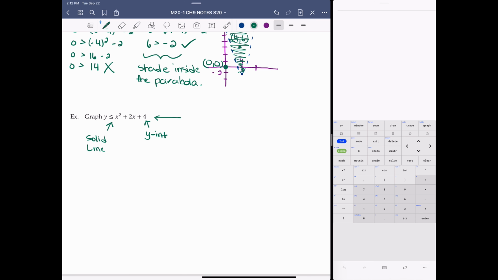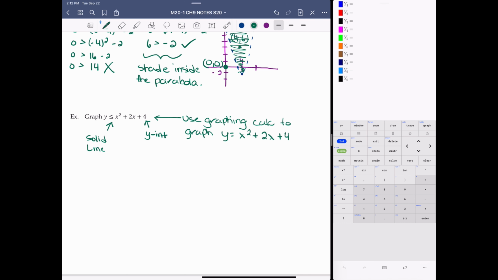So let's use the graphing calculator to graph the quadratic y equals x squared plus 2x plus 4, and then we can use our test points to graph the inequality. Going to our graphing calculator, going to y equals, clearing whatever's in there.